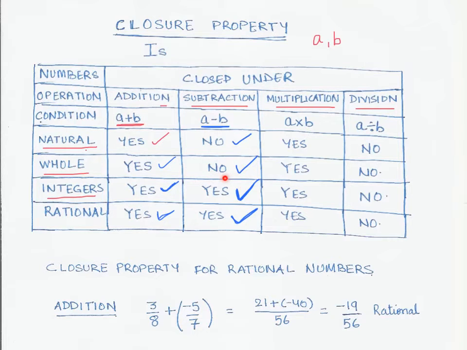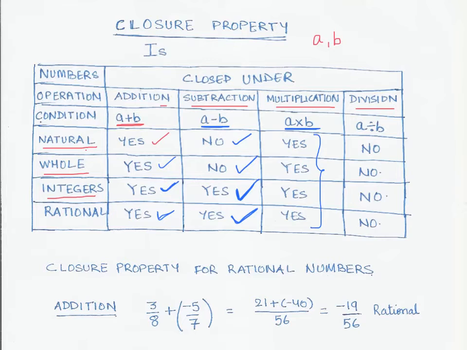Okay, now let us look at the closure property under the operation of multiplication. We follow the same principle. We take any two numbers A and B and see the result of multiplication. What we find is that for all the four numbers, that is natural numbers, whole numbers, integers, and rational numbers, whenever you multiply any two of these type of numbers, you always get that type of number.